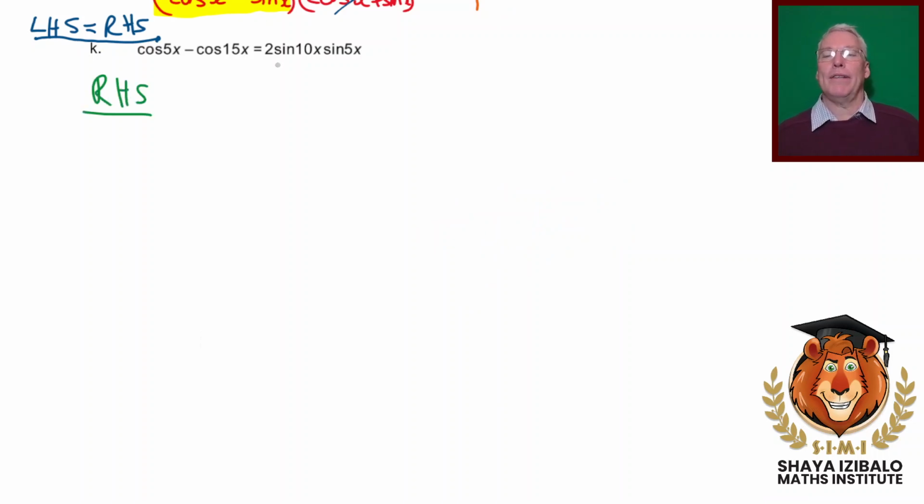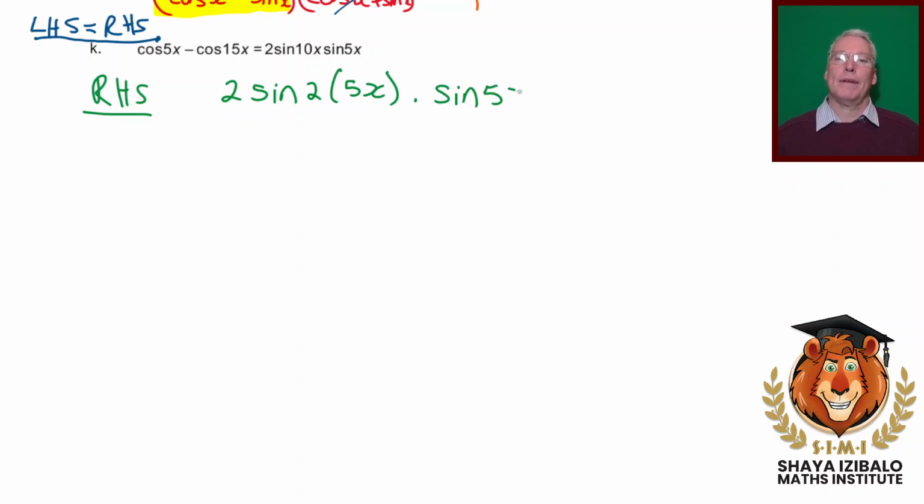The right hand side is actually, if we change that to 2 sine 2 lots of 5x times the sine of 5x. Now we're going to use our double angle formula for sine.